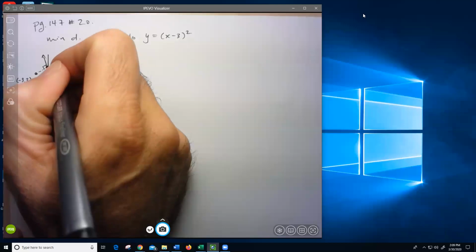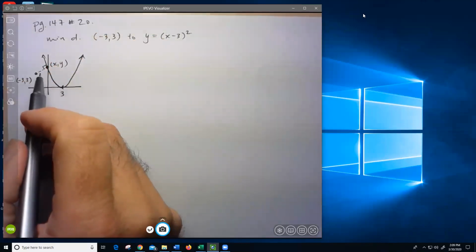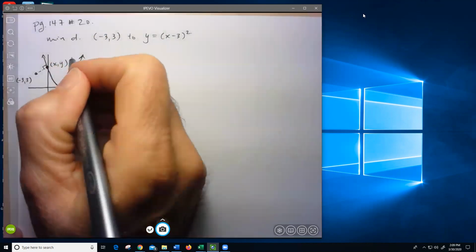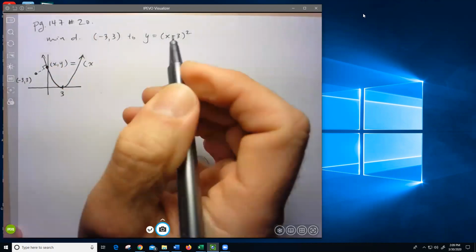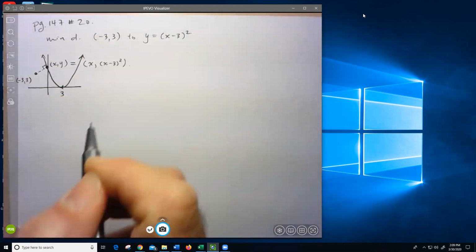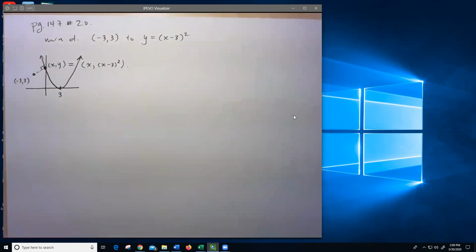I don't know that point, so I can call it (x, y), but I can do one better than that because I know that the point is on the curve, meaning the y value is just given by x minus 3 squared. So in a sense, we've already done a substitution like we often have to do when finding a model for this.